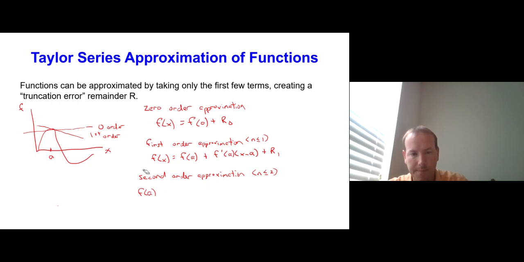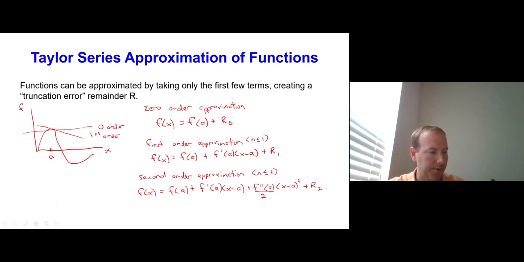So f of x is approximated by f of a plus f prime of a times x minus a plus f double prime of a over 2 times x minus a squared. And so then it would have a remainder R2.